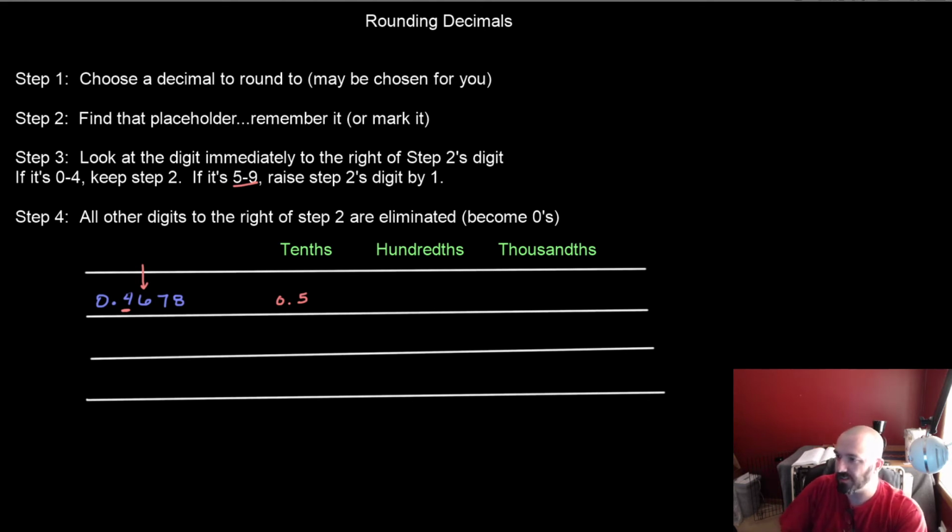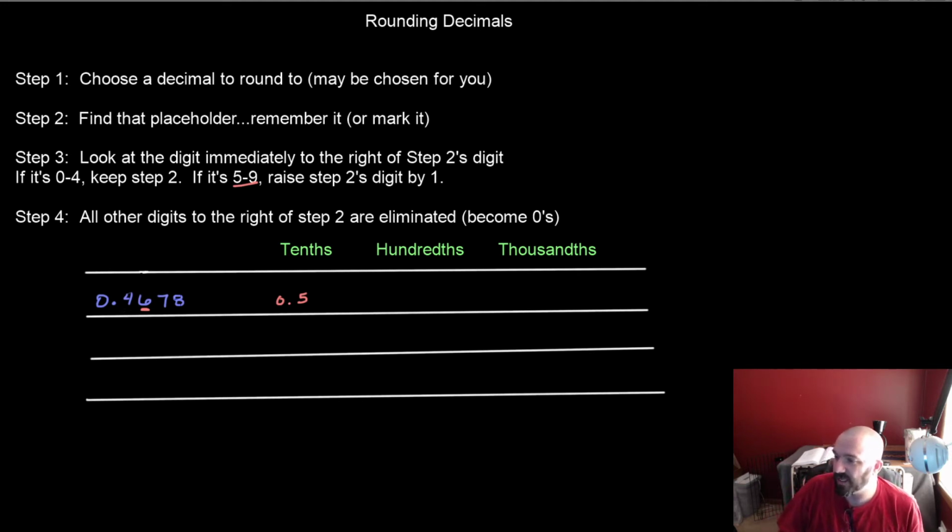Anywho, we want to go to the hundredths. Now, it's not going to be that easy for me to erase, because that would be too easy. So I'll just erase this. I could have layered them, I suppose, just made my life easy, but I didn't. All right, so I am going to take a look at the next one, and that's the 6. That's the one I'm going to round to. So I need to round either down to 6 or up to 7.